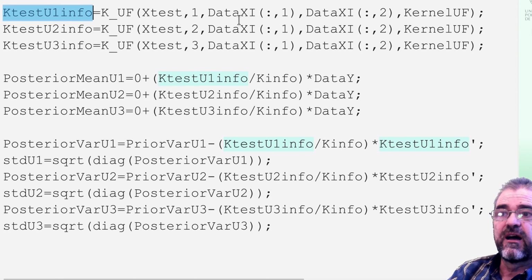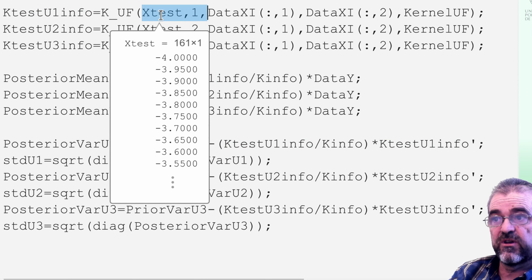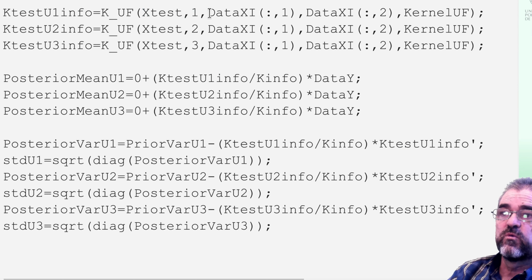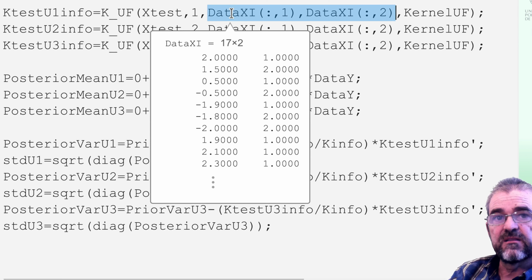In this line, I compute the covariance of component 1 at a given test points for plotting, just a linearly spaced grid, with the samples in which data xi is a matrix whose first column contains the abscissa points and whose second column contains the label, whether the sample is from function 1 or 2. Here you have it in the floating window for this example.